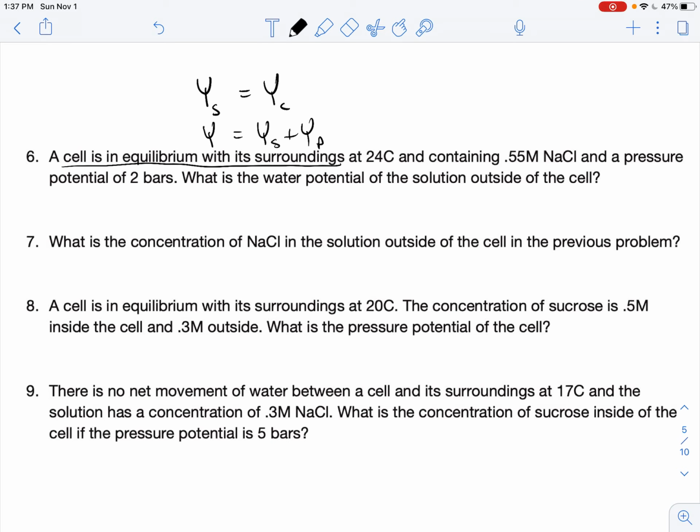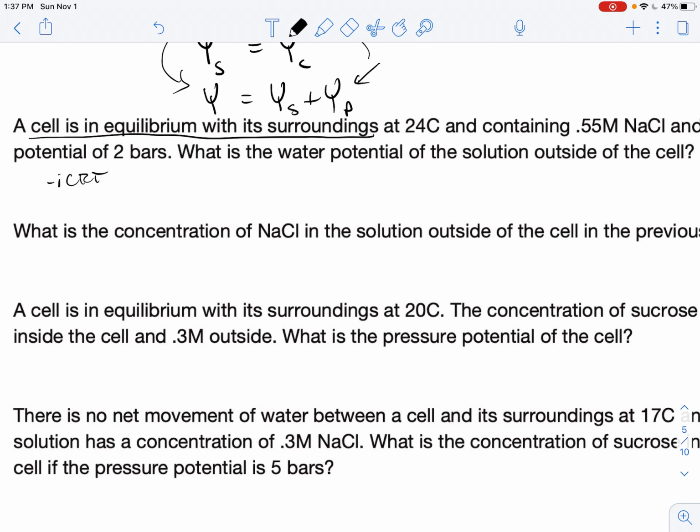So what we're going to do here is kind of plug and play to get this. So our solute potential, negative iCRT, plug it in. We're going to have negative 2 this time because it's NaCl. Our concentration, 0.55.